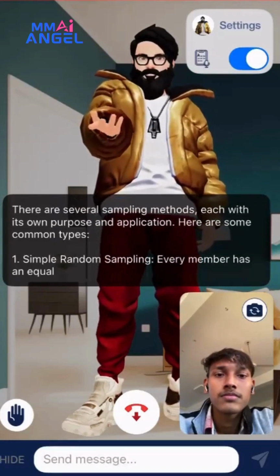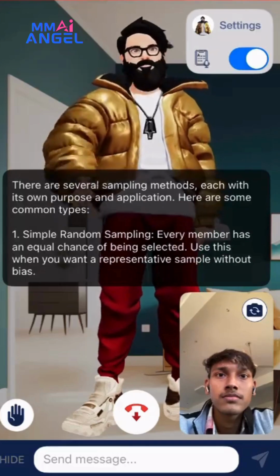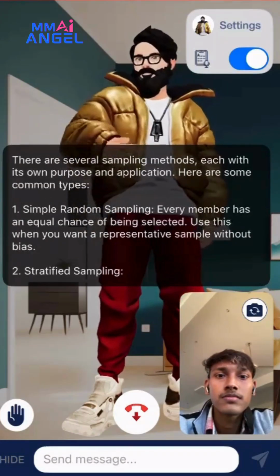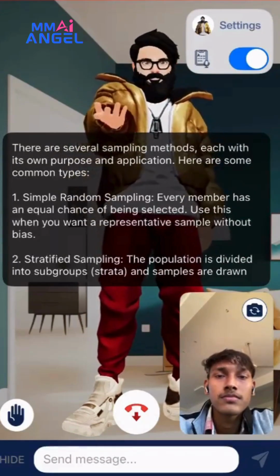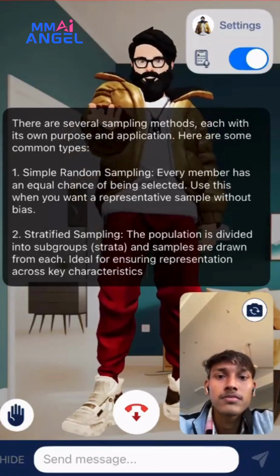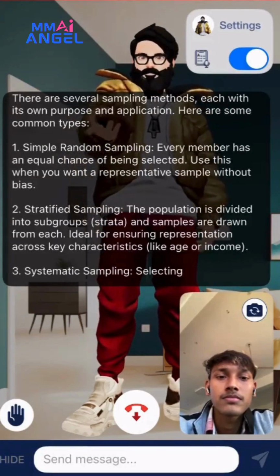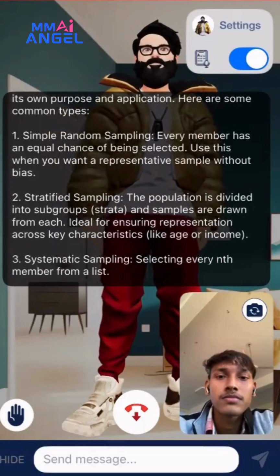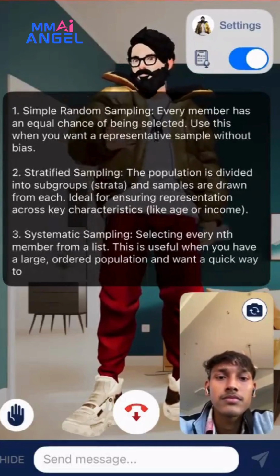Every member has an equal chance of being selected. Use this when you want a representative sample without bias. 2. Stratified sampling. The population is divided into subgroups, strata, and samples are drawn from each, ideal for ensuring representation across key characteristics, like age or income. 3. Systematic sampling, selecting every nth member from a list. This is useful when you have a large, ordered population and want a quick way to sample.